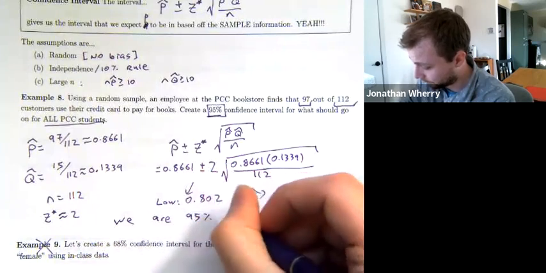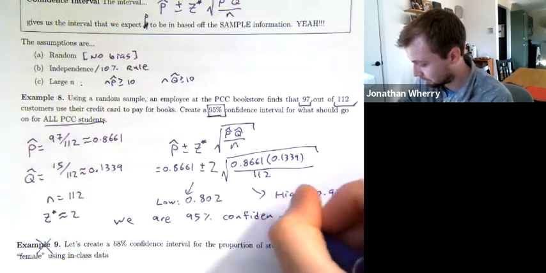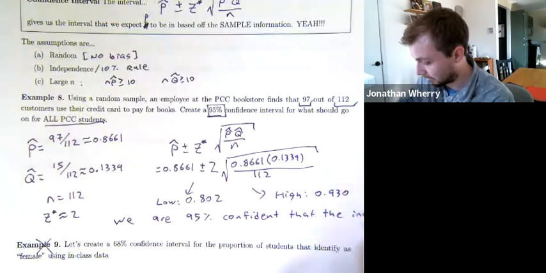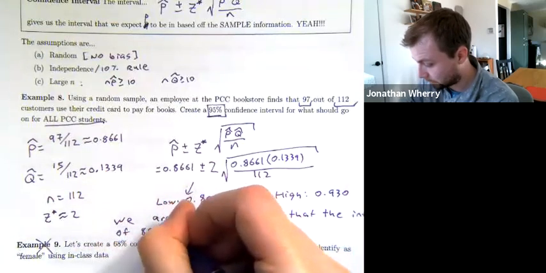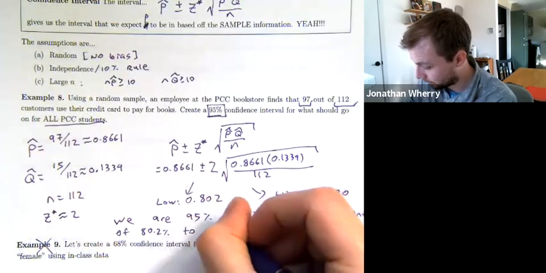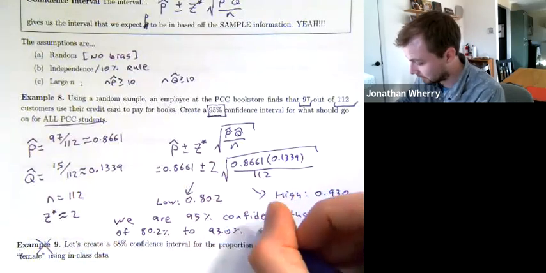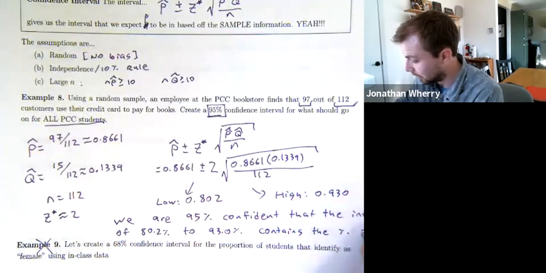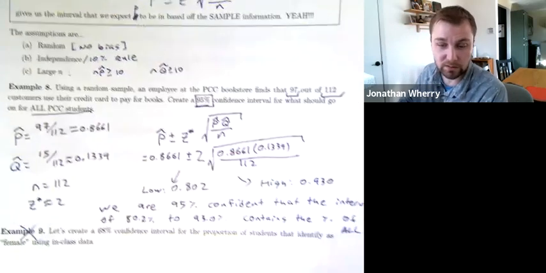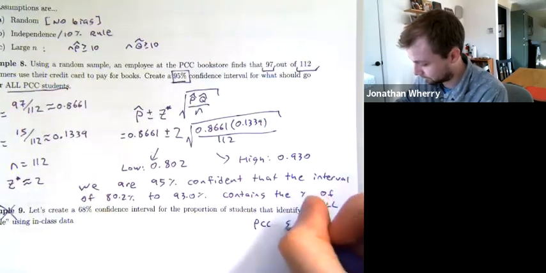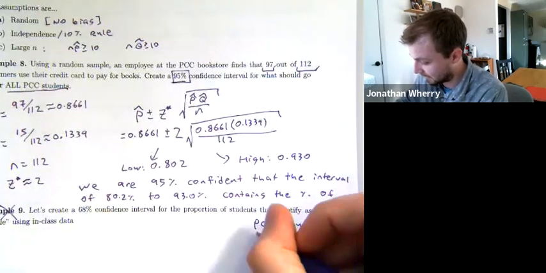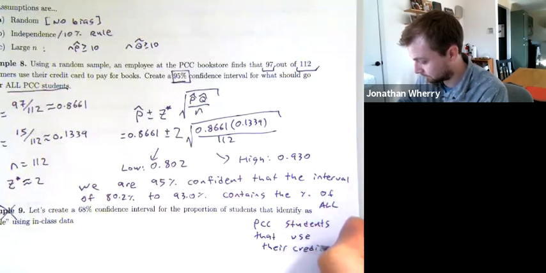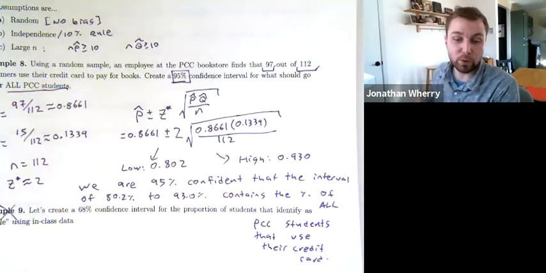We are 95% confident that the interval of 80.2% to 93.0% contains the true percent, the population percent of all PCC students that use their credit card to pay for books at the bookstore.